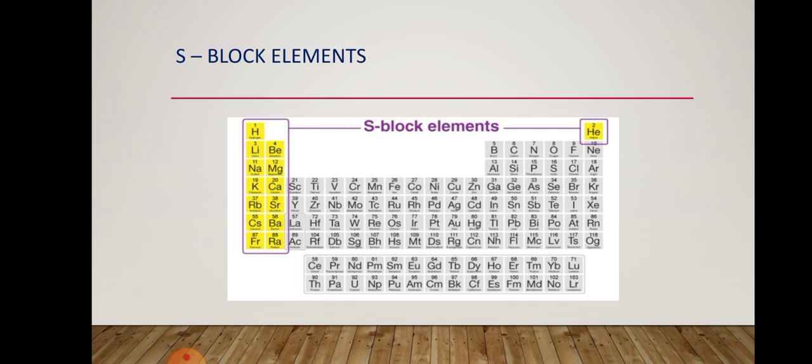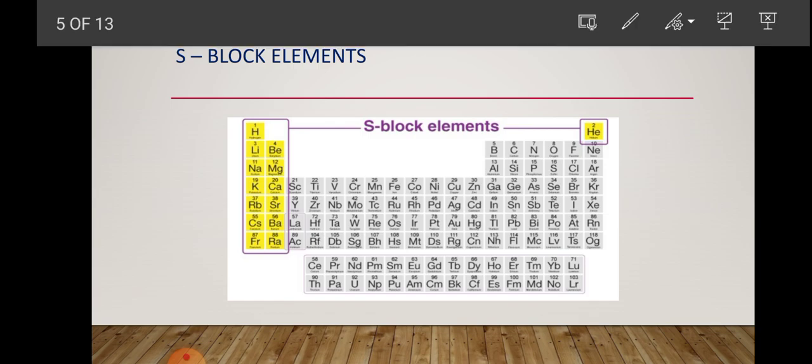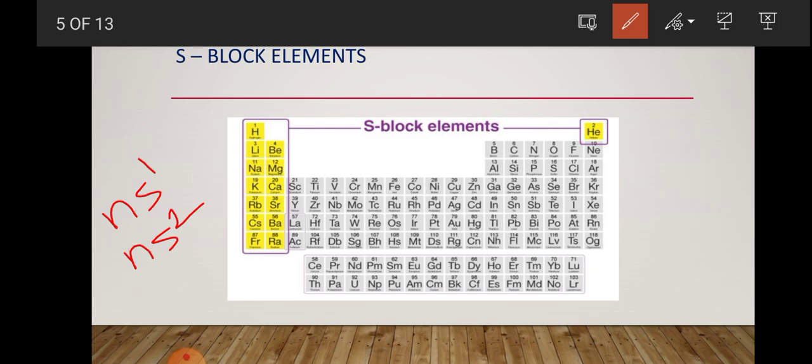The electronic configuration of the outermost energy level is ns1 and ns2.